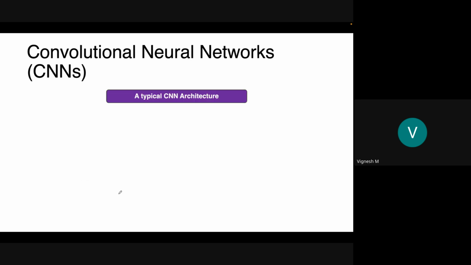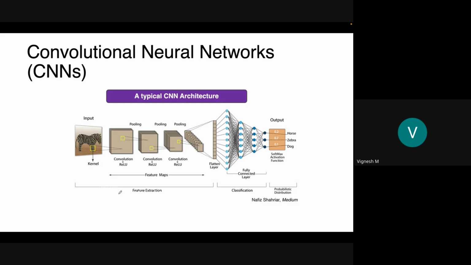And if I look at the typical CNN architecture, this is the picture you would have seen everywhere. I'm just taking it from the internet, but there are many variations of this, but this is the basic one, okay? So you have an input, which is likely an image, let's say, and you have what are called kernels, okay? Kernels, we'll establish what kernels are exactly.